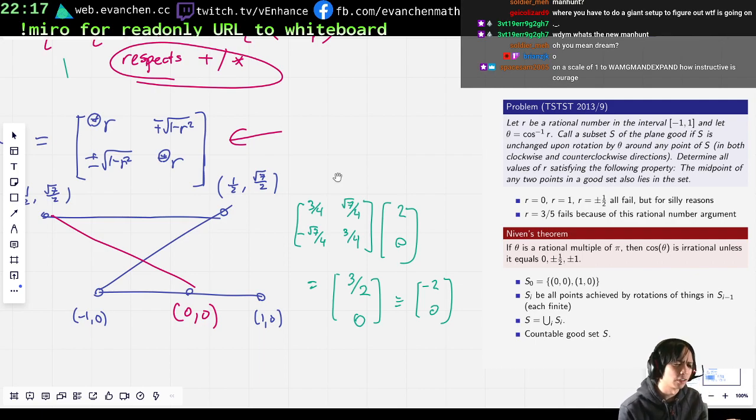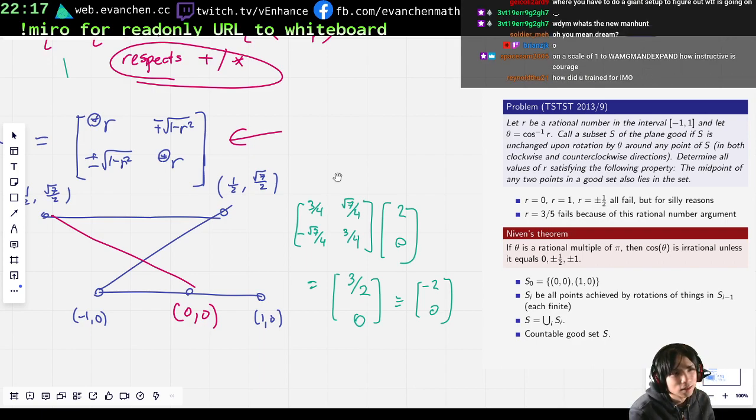Yeah, I don't think this matrix mod P thing worked. Even denominators are really killing me.